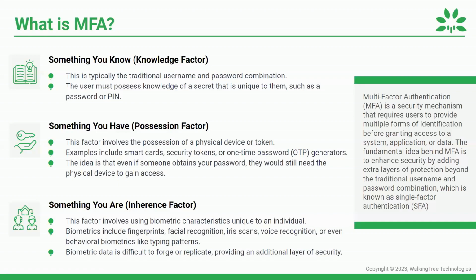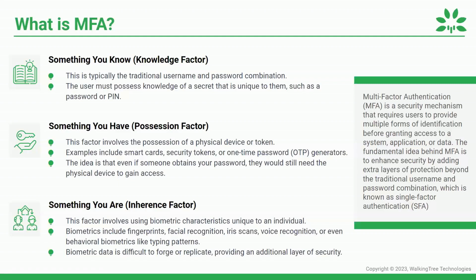This comes under possession. And the third factor is inherent. After what you know and what you have, the third one is what you are, something you are, which is the inherent factor. Basically, the knowledge you have can be shared, I mean, transferred to somebody else. A possession, a physical thing, can be transferred to somebody.